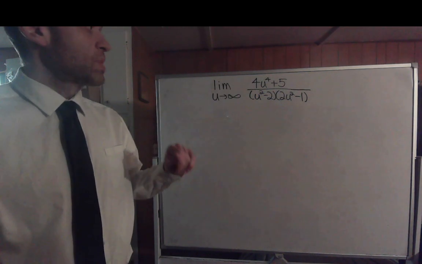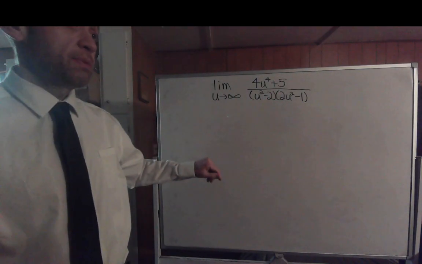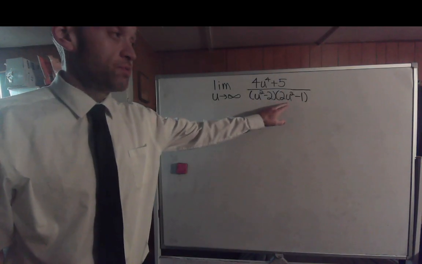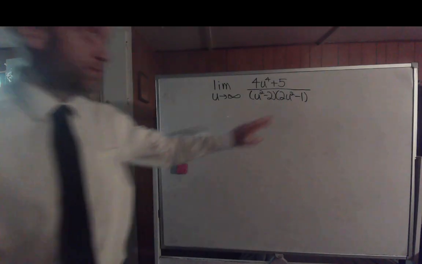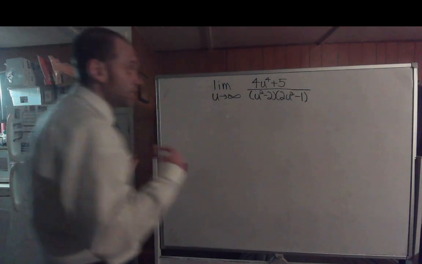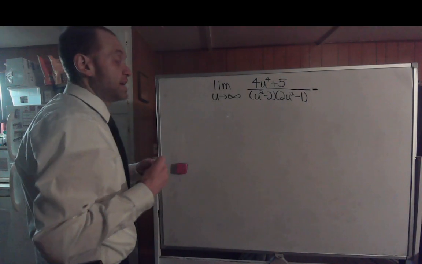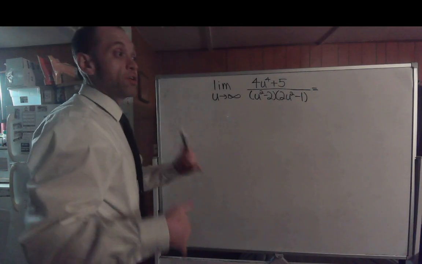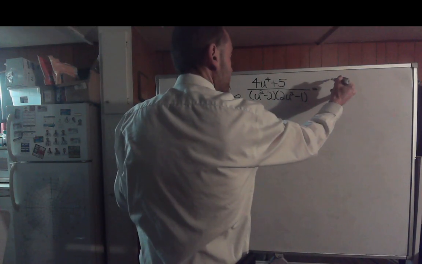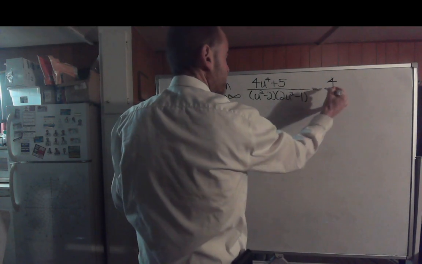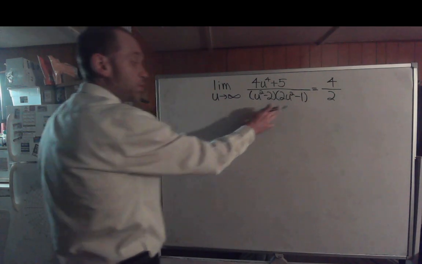Well, good news is we don't have to go through all this FOILing in the denominator. If you just multiply the two first terms of each quantity in the denominator, you would get 2u to the 4th. So you end up then having that the numerator and denominator are of equal degree, so you could take the ratio of the leading coefficients, which would be 4 over 2, since you would end up getting 2u to the 4th in the denominator.